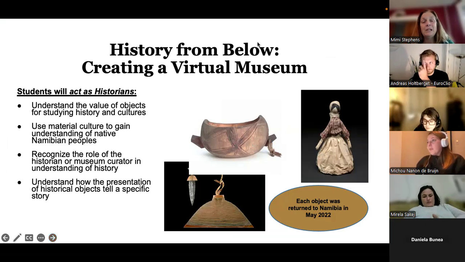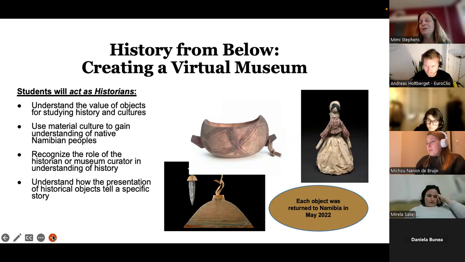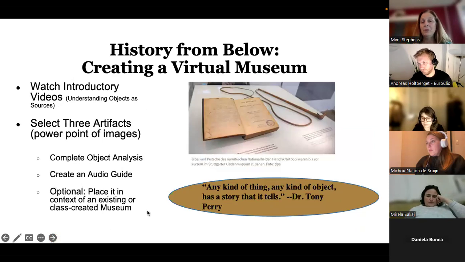This lesson has students looking at a slide deck of images of artifacts that were stolen from Namibia and taken to Germany, and then Germany has repatriated them. So it's a way to get students to think about historical memory, and it's really based on these artifacts.